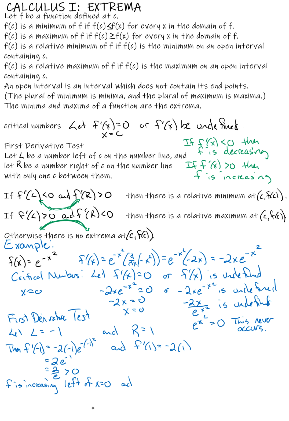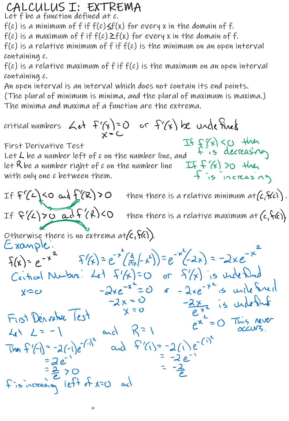I'm looking at f prime. So in this case, we have negative 2 e to the negative 1 squared. Again, 1 squared is 1, but there's still that negative. So we have negative 2 over e, which of course e is positive.